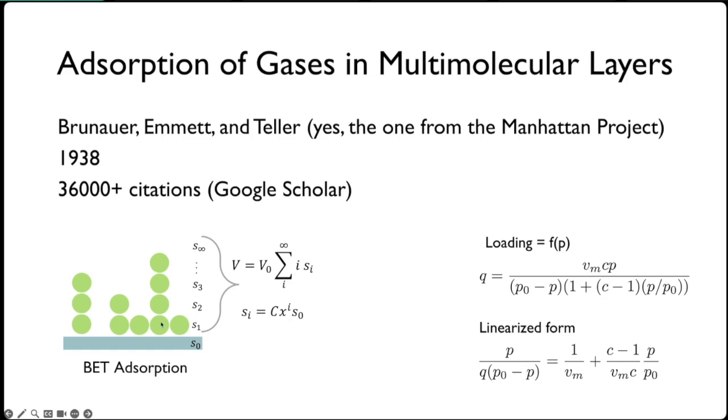And C describes the interaction strength between molecules on the surface and the molecules on the above layers from this. And the general description of the theory is that you can adsorb molecules onto the surface, but then once a molecule has adsorbed, more molecules can stack on top of each other, up until an infinite number of layers.